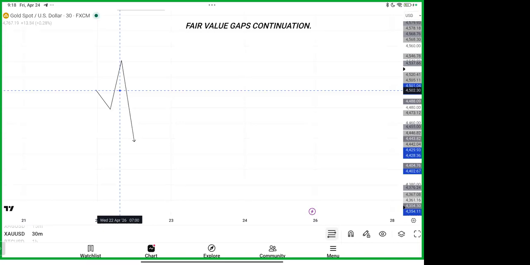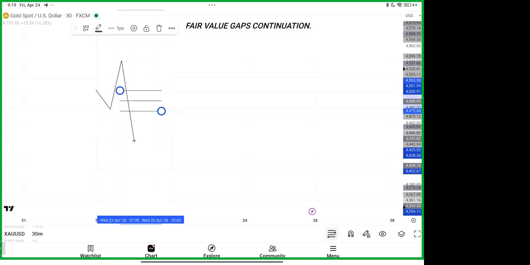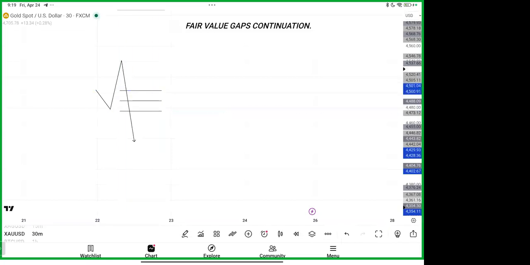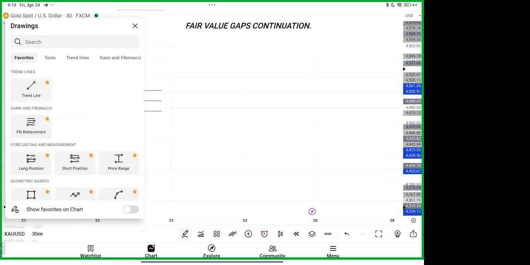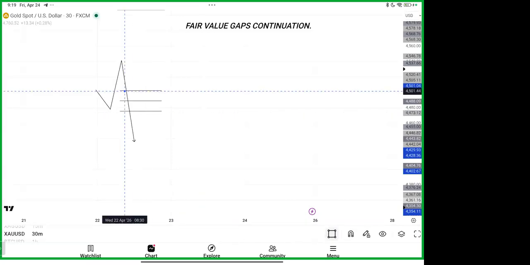Am I communicating? Can you guys hear me? Yes, we can hear you. I did with Fibonacci, right? No. Really? I only showed how to mark it with a rectangle.